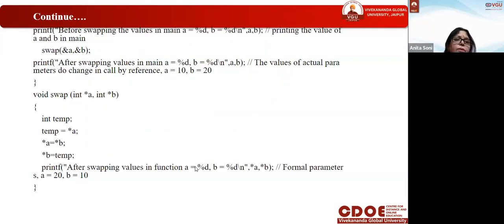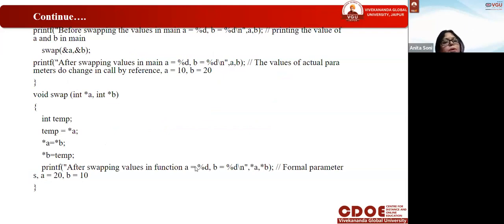Before swapping, you print them, and it will show 10, 20. In the swap call, you are not writing A comma B. If you write A, B, then you are passing values. If you write ampersand A, ampersand B, it means call by reference. You are passing the addresses of the memory locations of A and B.